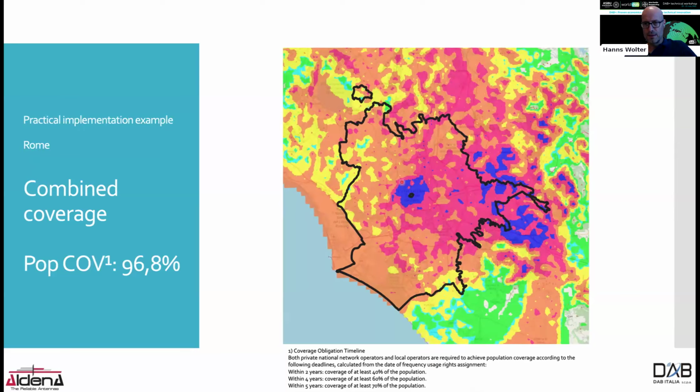However, of course, in an urban area like Rome, it's very important to have a coverage which is really significant. Basically, the only areas where you don't have coverage are here, this area here, where you have a coverage, but let's say it's under the planned value. So it's under 43 dB microvolt.